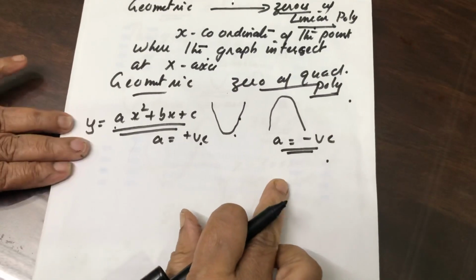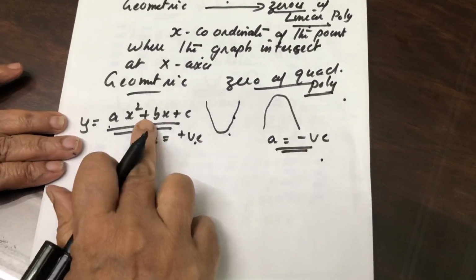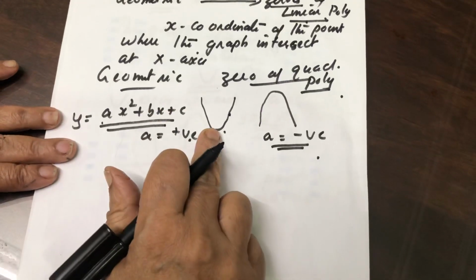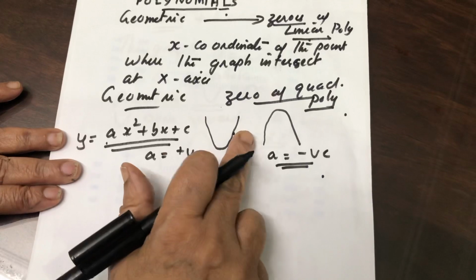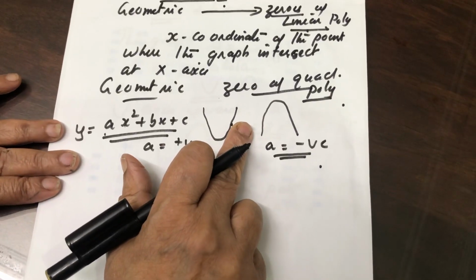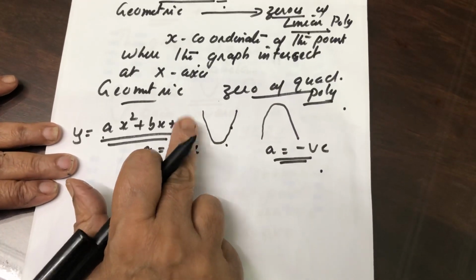And how will you find the zero of this quadratic polynomial? This parabola intersects the x-axis at 2 points.